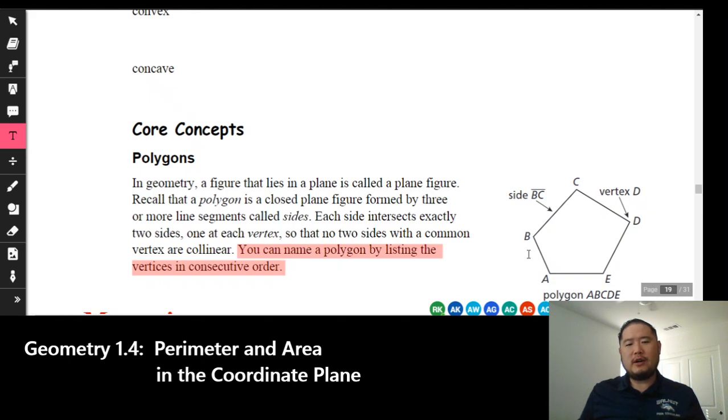So we can go ahead and call this polygon a pentagon. I have highlighted right here, you can name a polygon by listing the vertices in consecutive order. So we could call this polygon A, B, C, D, E, or polygon B, C, D, E, A. Hopefully you figure out what I'm talking about there.